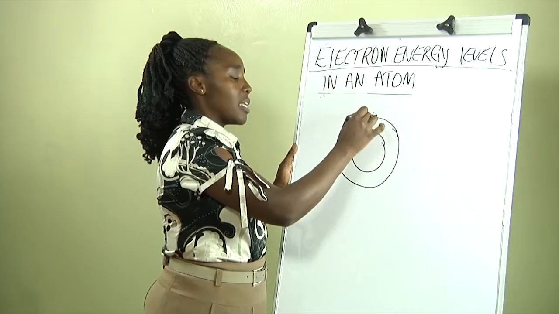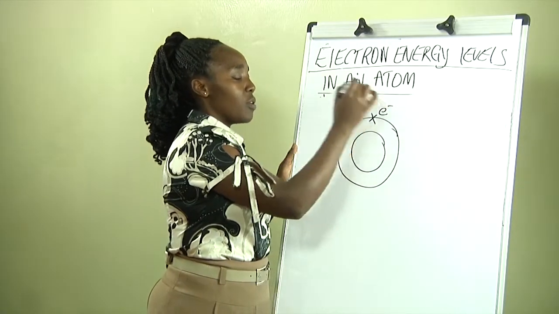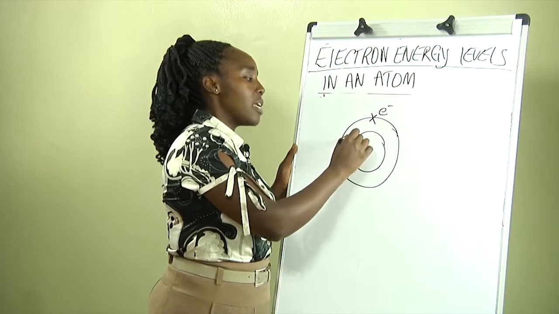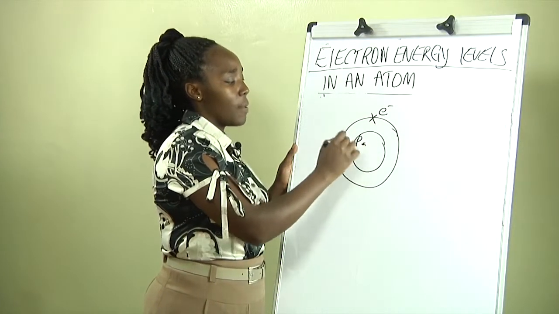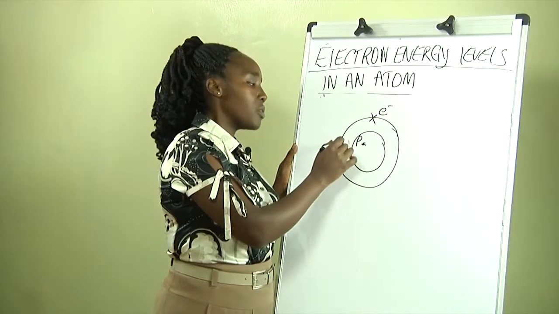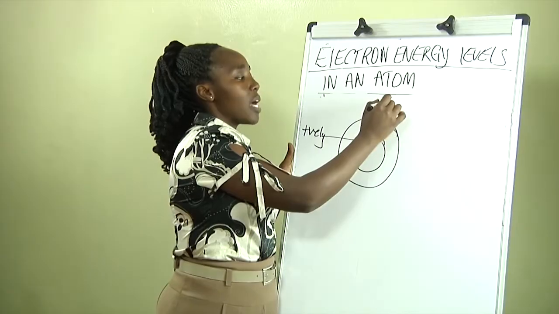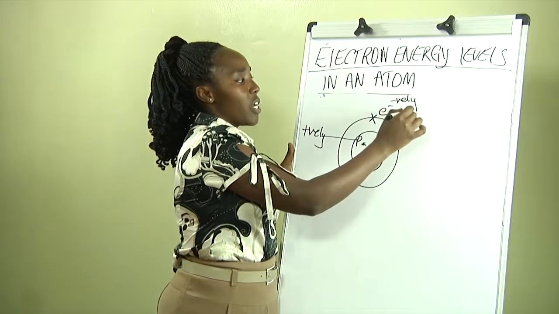So if this is the nucleus, the first energy level is there. Remember, the energy level is first of all occupied by electrons. We said previously that the nucleus consists of protons, and that the protons are always positively charged, while the electrons are always negatively charged.